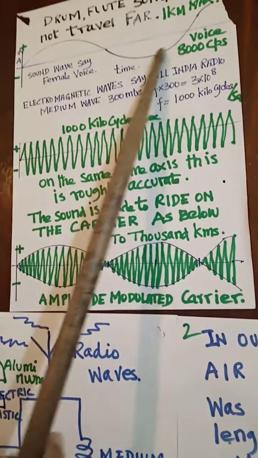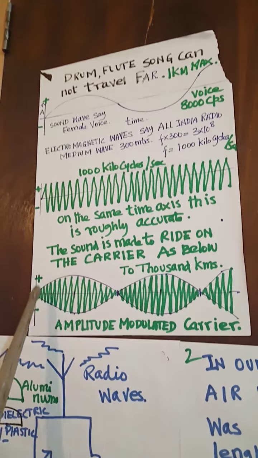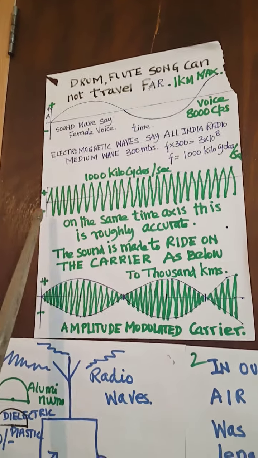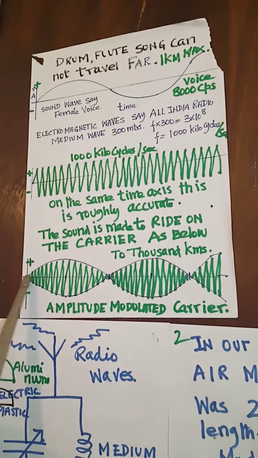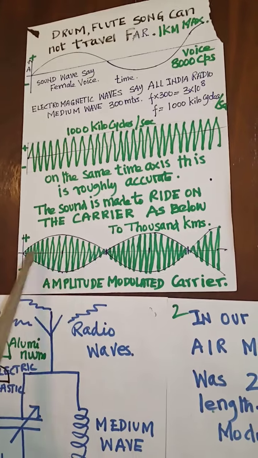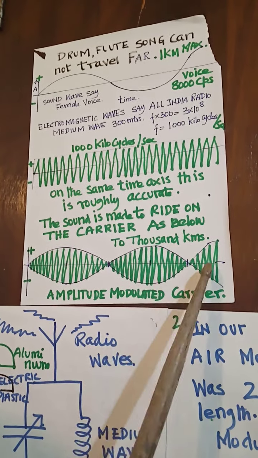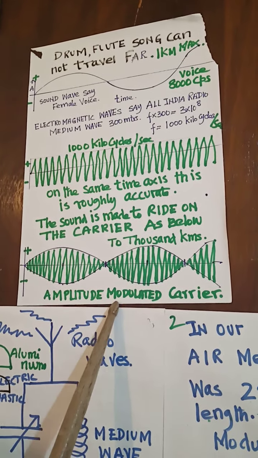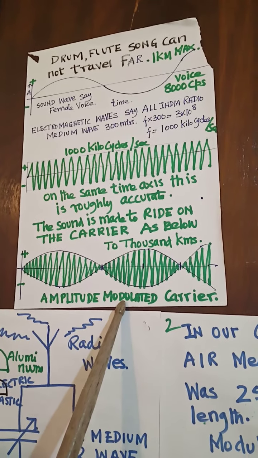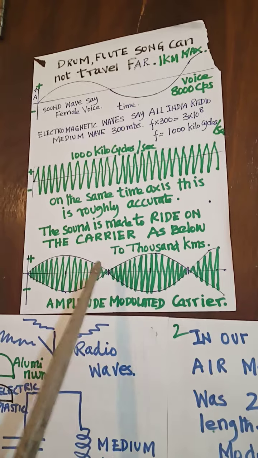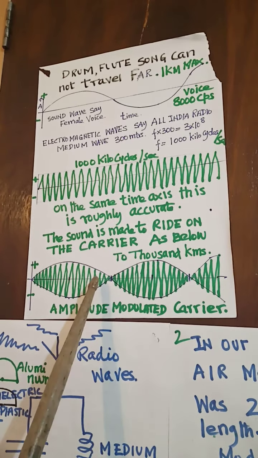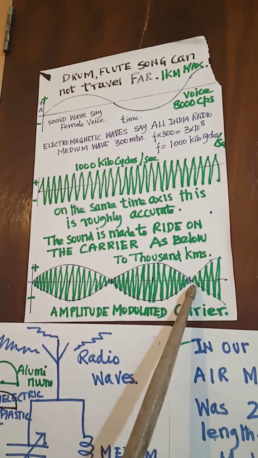We made this sound wave ride on the carrier, and see what we get. This is known as the envelope of the sound wave, and this is known as the amplitude modulated carrier.